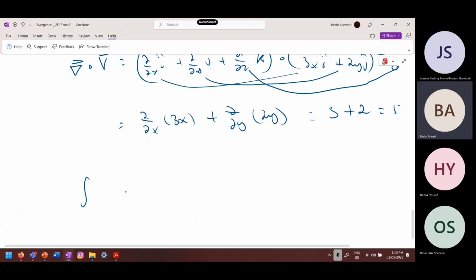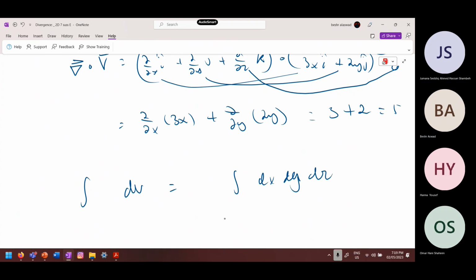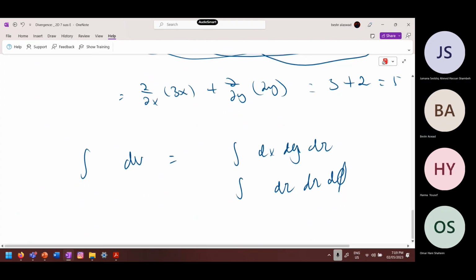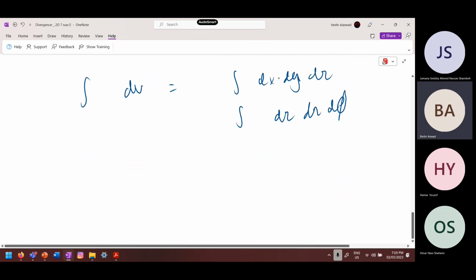Remember, integration of dV is also an integration for dx, dy, and dz, and there is also the cylindrical one, dz, dr, d phi. I'm not sure, but we don't have this covered in our curriculum. That's for your information, just for you to understand that this is basically three-dimensional, so it's dV, a triple integration here.